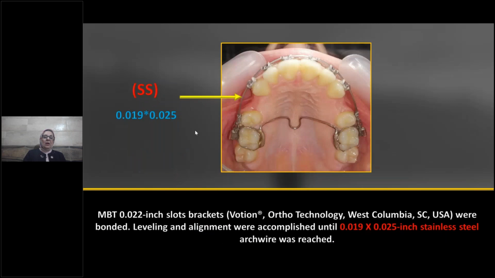Then we made leveling and alignment using MBT 22 inch slot brackets, until we reached 19 by 25 inch stainless steel arch wires, and they were left another 3 weeks to have a passive arch wire.